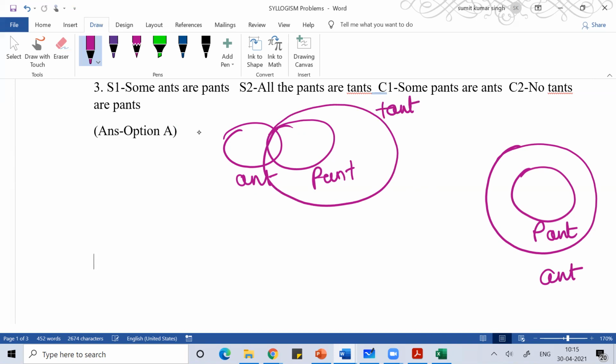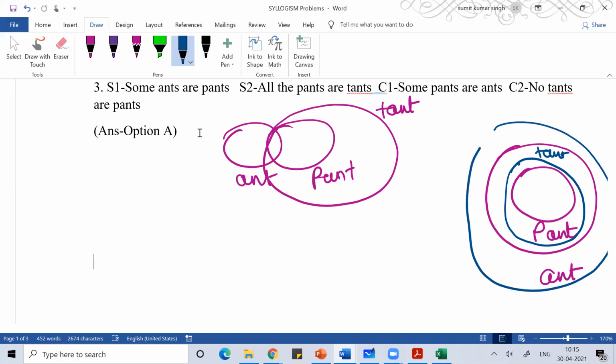All pants are tent. So you can see that all pants are tent. Tent can be either this or tent can be pant.